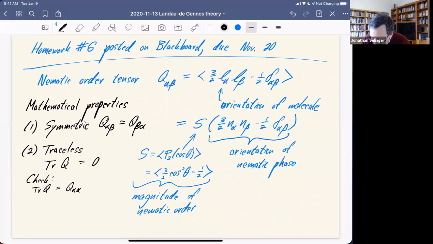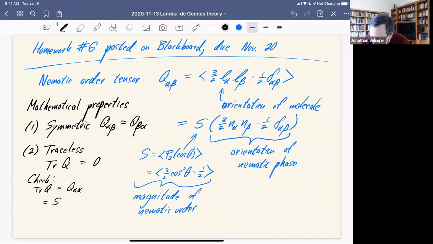So that is S times 3/2 N alpha N alpha minus 1/2 delta alpha alpha, like that. Now, N alpha N alpha, that is N dot N. N is a unit vector, the director of the nematic phase.